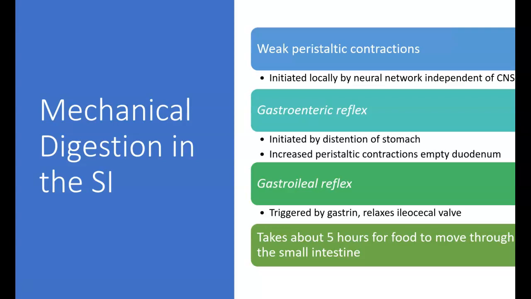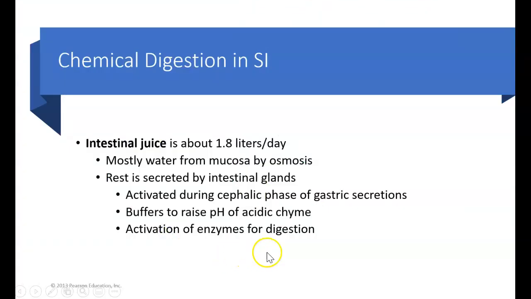There's the gastroenteric reflex, which is caused by the stretching of the stomach, and this is going to increase contractions to empty the duodenum. The gastroileal effect is going to be triggered by gastrin, and that's going to relax the ileocecal valve so that the contents can go from the small intestines to the cecum, to the large intestines. In general, it takes about 5 hours for food to move through the small intestines.